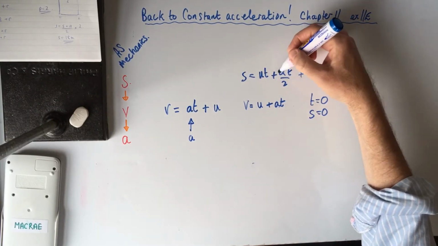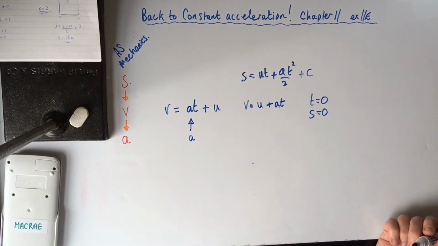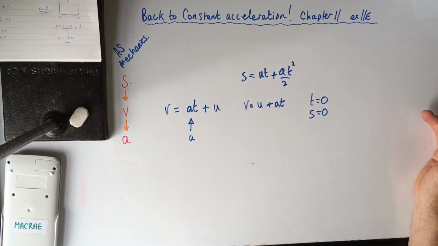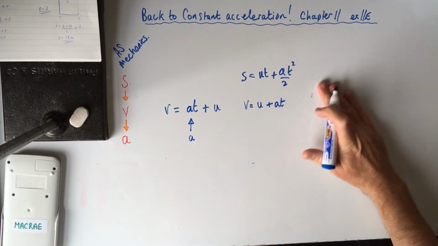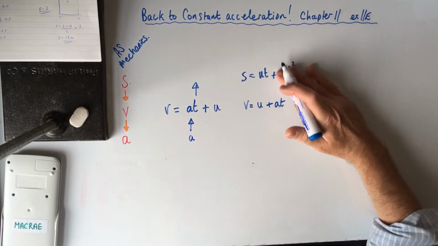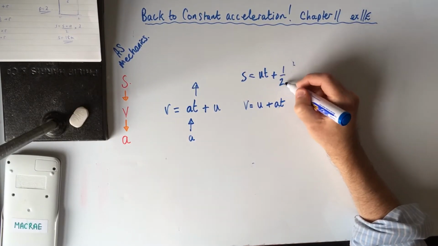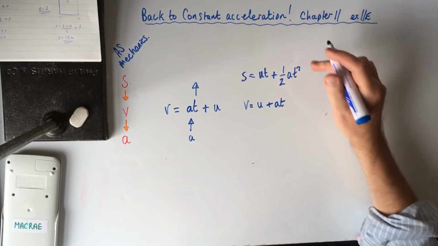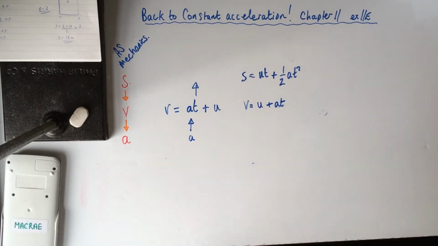So putting t as 0 and s as 0 in there, c is 0, and that just goes. It just changes the way that looks, it's just the half at squared. And it reminds you of that at the start of the exercise with an example. We'll come on to one of the questions that is like that in a second.